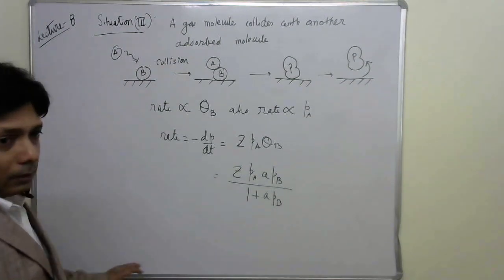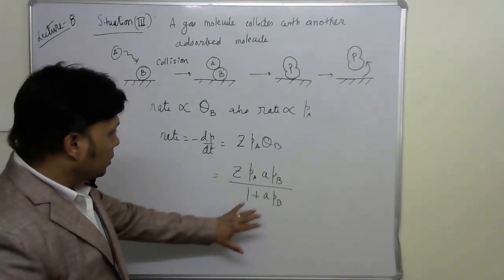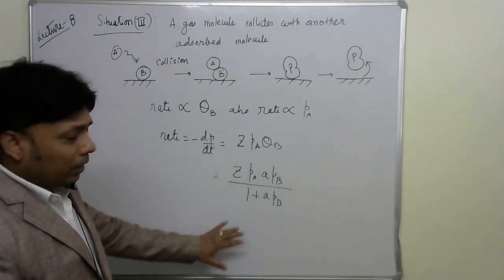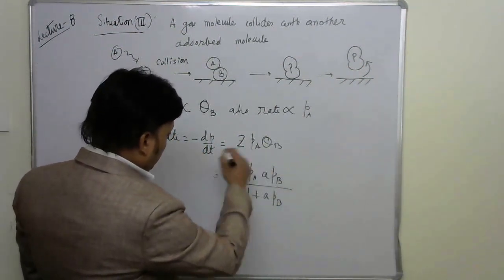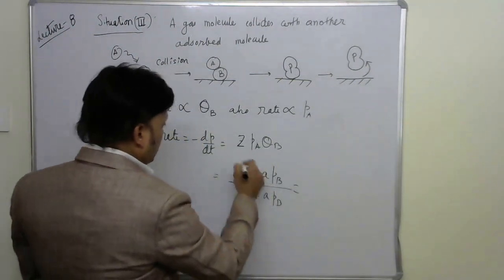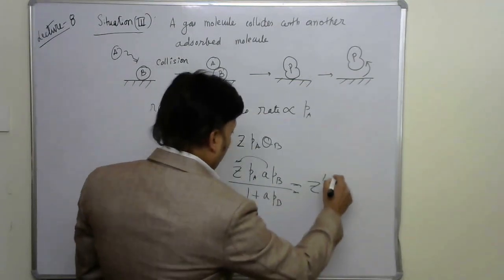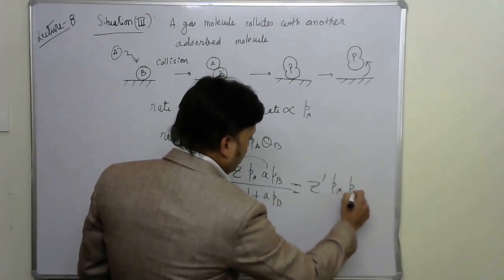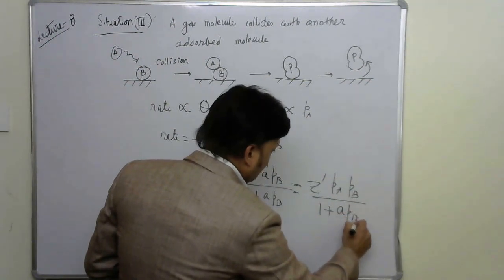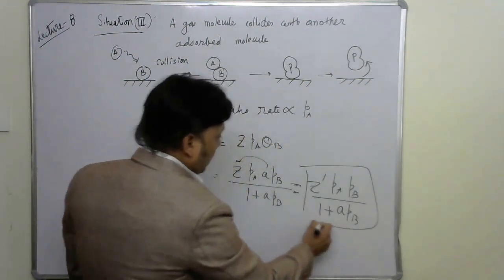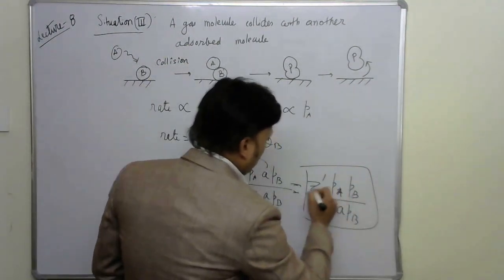Taking A as a constant inside here, we can write it as Z prime multiplied by PA PB divided by 1 plus APB. So again we have a simpler rate law.